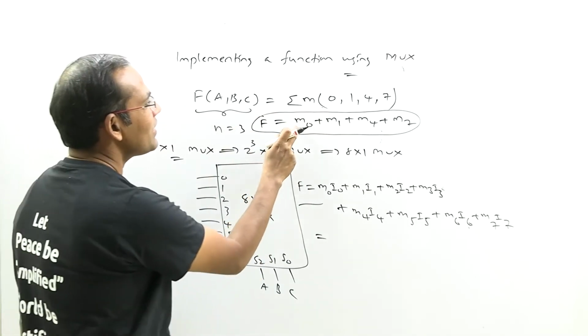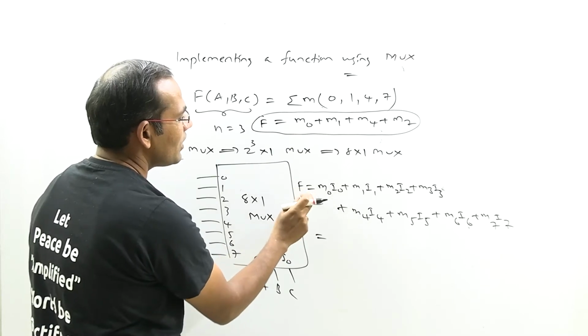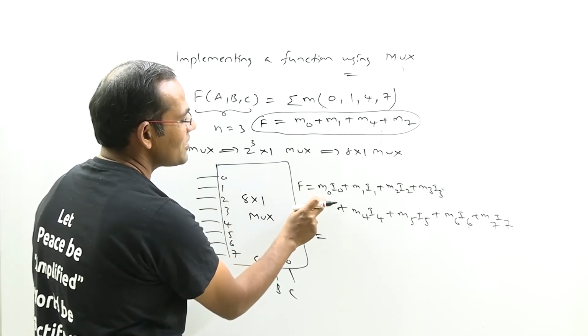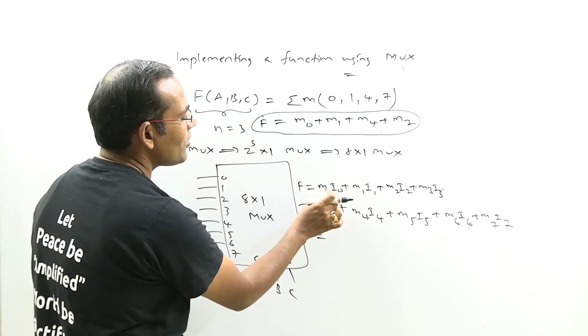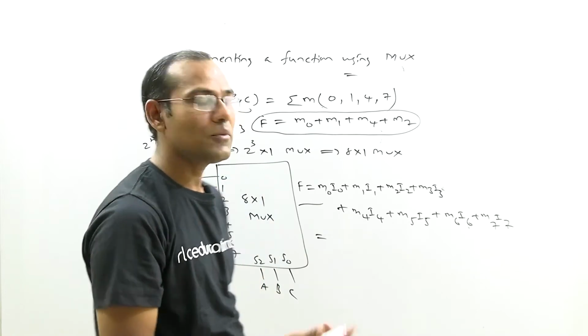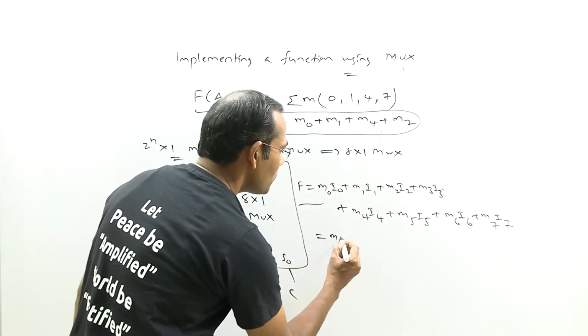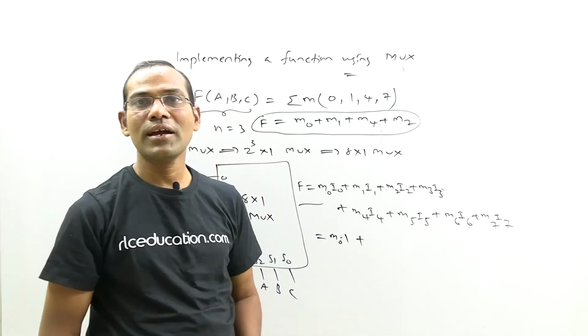So here I need M0. That means here M0 should be present. Whenever I0 is 1, it will be M0 into 1, so M0 will come.